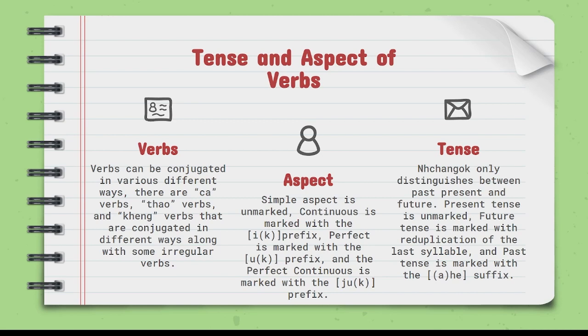Nhchango only distinguishes between past, present, and future. Present tense is unmarked. Future tense is marked with a reduplication of the last vowel that appeared in the word, and past tense is marked with the ahe suffix, a appearing when the preceding vowel ends in a vowel instead of a consonant.